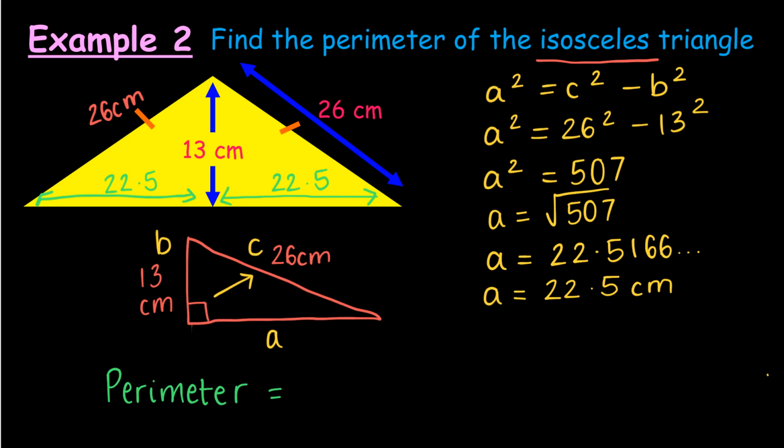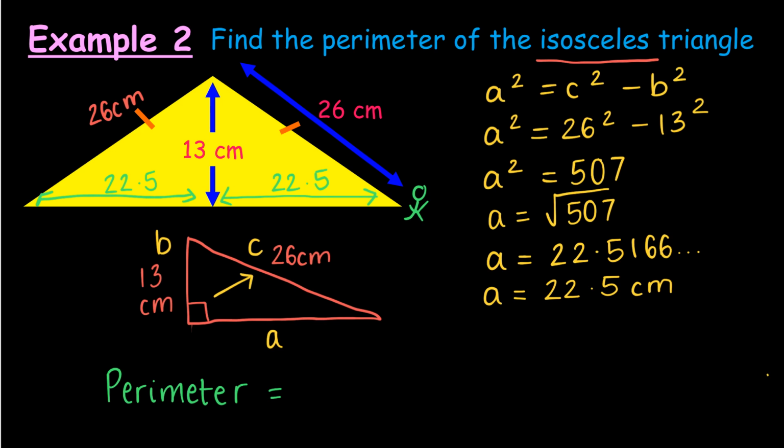remember when we actually did perimeter, I said imagine that this is a park or a field or something. Imagine that you are standing at one side. Imagine this is you. We'll draw a wee person. And you've got to walk all the way around it and trace your finger or your pencil around the shape to make sure that you incorporate every side. So we have 26 and then another 26 and then two lots of 22.5. This 13 isn't included here because it's not part of the perimeter.